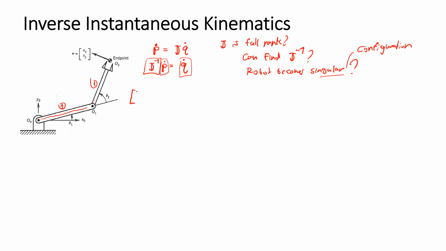If you want to obtain x and y, we know that x equals L1 cosine theta 1 plus L2 cosine of theta 1 plus theta 2. Y is L1 sine theta 1 plus L2 sine of theta 1 plus theta 2, right?